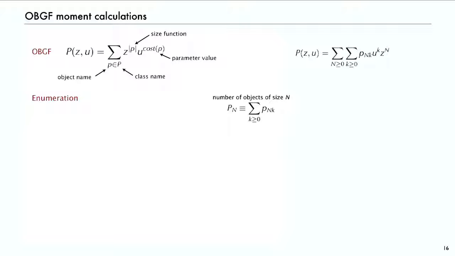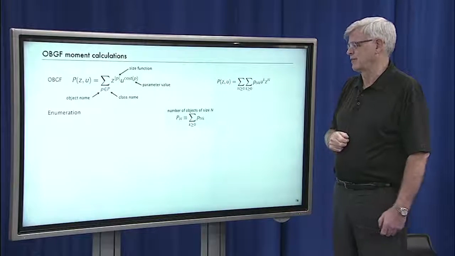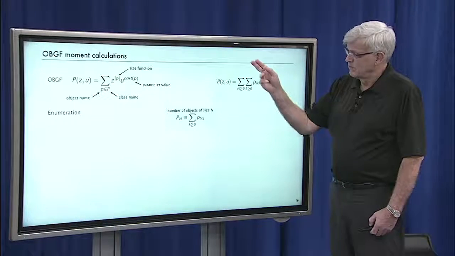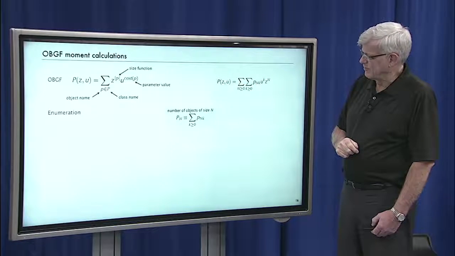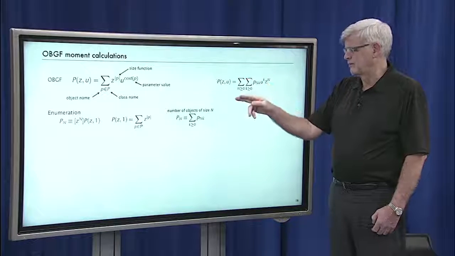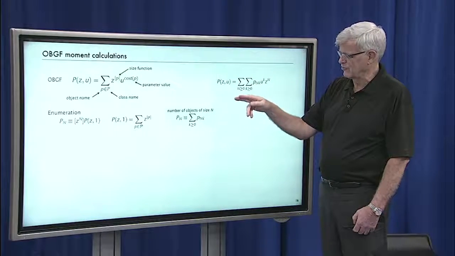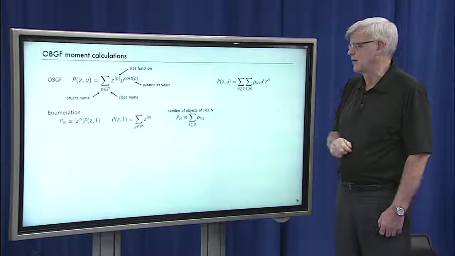So how many objects are there of size n? That's the sum on k of p n k. So sum over all costs, the ones of size n, you get the number of objects of size n. From the ordinary bivariate generating function, how do you get that? Well, it's just the coefficient of z to the n in the bivariate generating function evaluated with z equals 1.